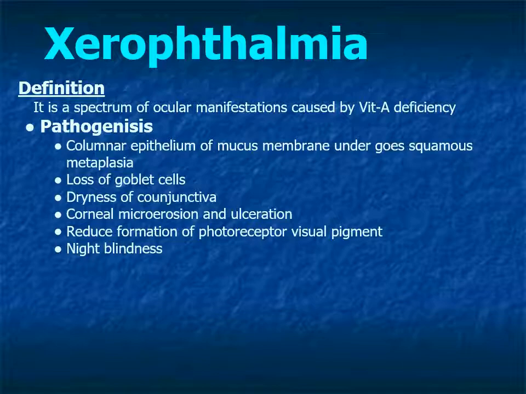It causes loss of goblet cells, leading to dryness of the conjunctiva, corneal microerosions and ulceration, later may lead to epithelial defects. And of course, ultimately, corneal melting may occur. So, reduced formation of photoreceptor visual pigment may lead to night blindness.